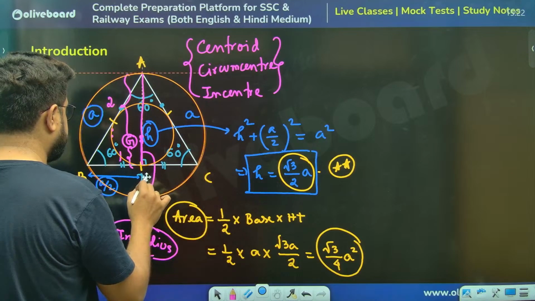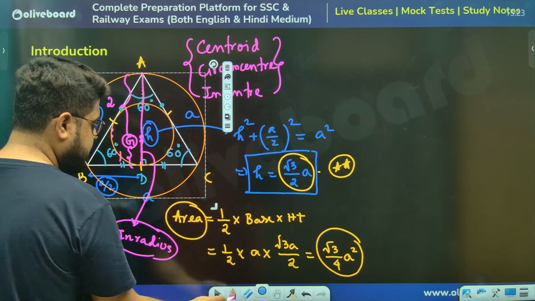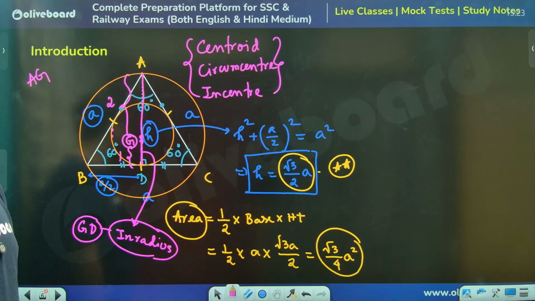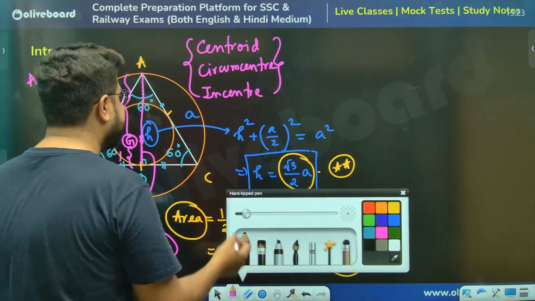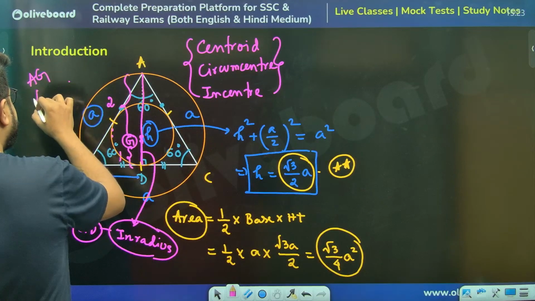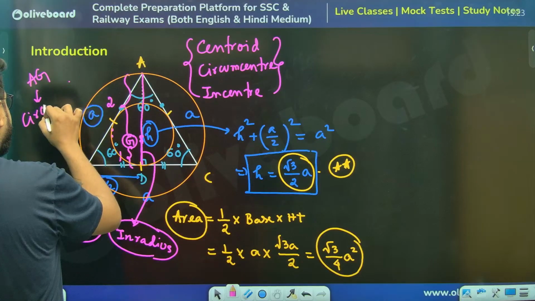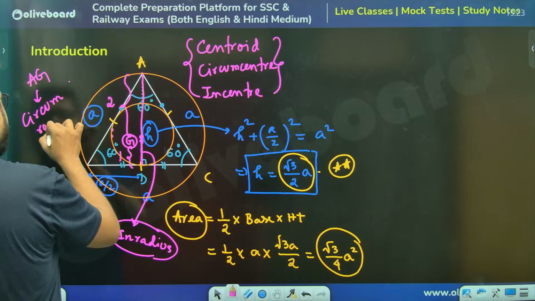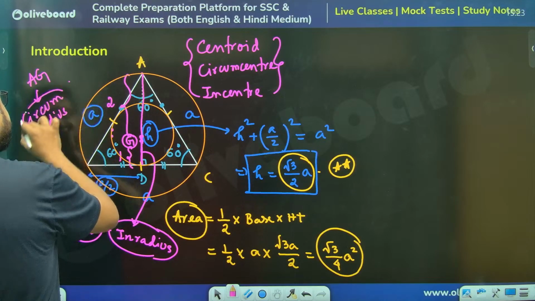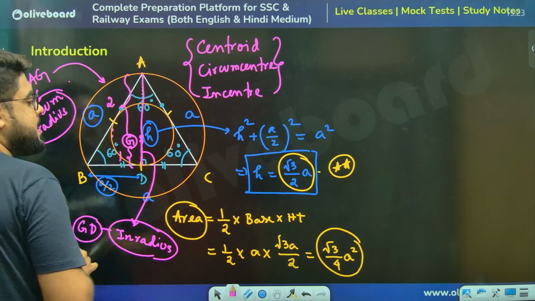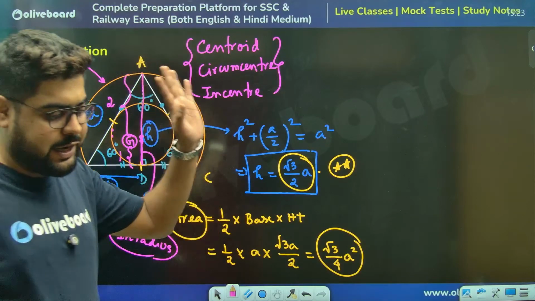It should be, sir. It is also going okay. So please understand, this is AG. It is your circumradius, meaning the radius of the circumcircle. Everybody try to understand this.